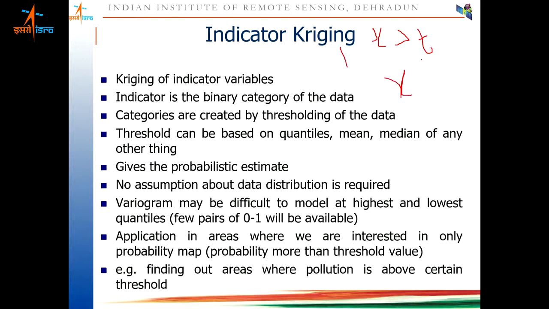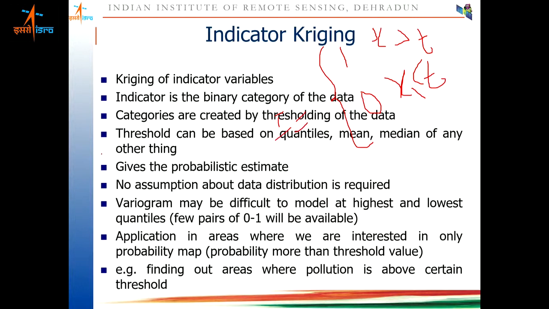If x is less than or equal to threshold value t, then the indicator value will become 0. So this way indicator data can be made, basically categorical data between yes and no.